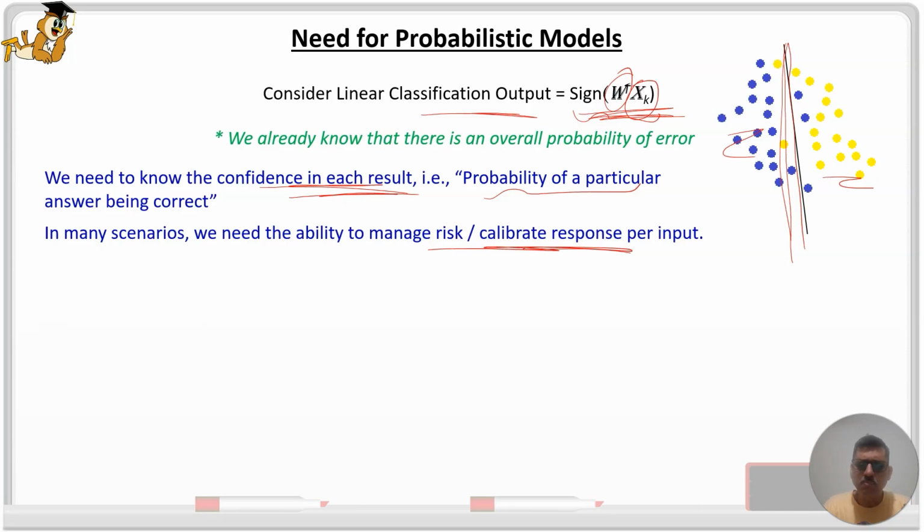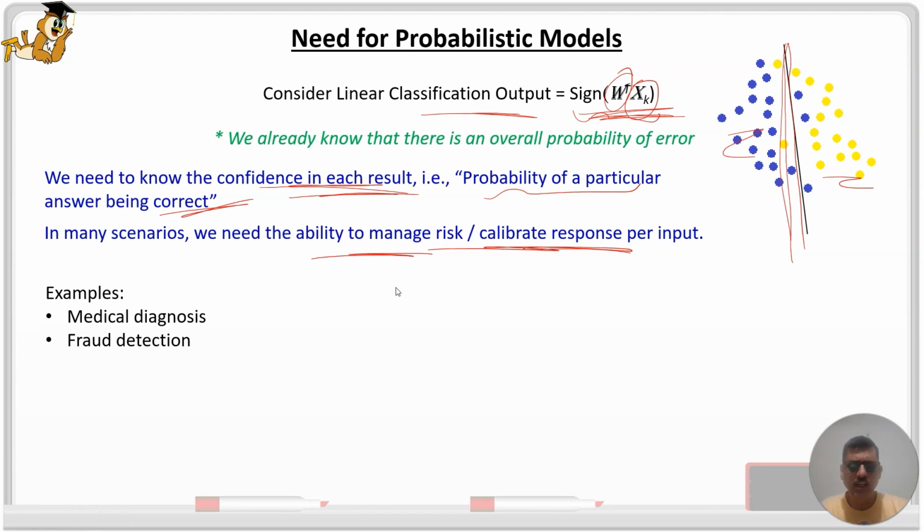Or in other words, the probability of the answer that it has returned being correct. You would like your classifier to not just classify but also associate a level of confidence with each result that it returns. And this is important because in many cases you need the ability to manage risk. So what are such scenarios? These scenarios are aplenty, but I'll give you two examples.